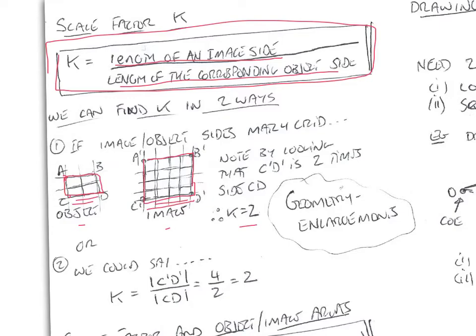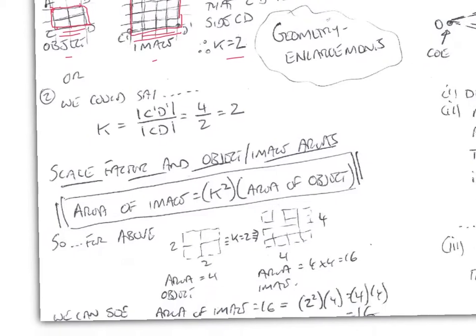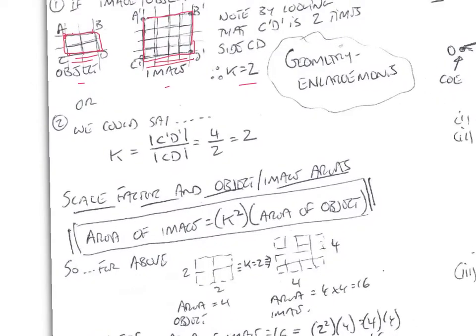Or we could actually use the formula. We could say K is given by the length of an image side, say C prime D prime, divided by the length of its corresponding object side, CD.